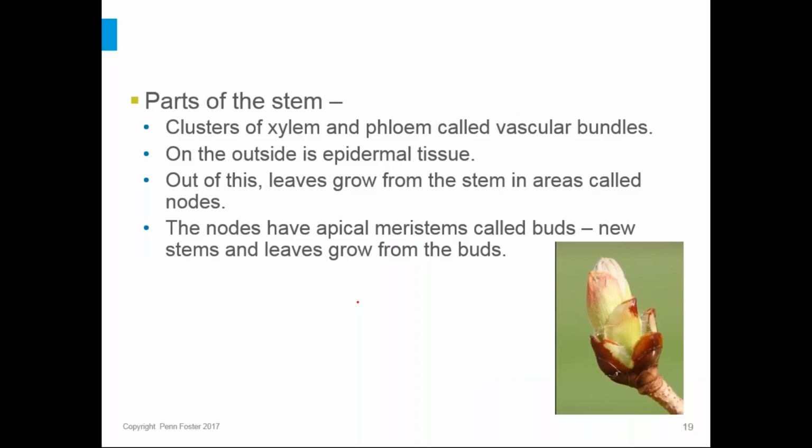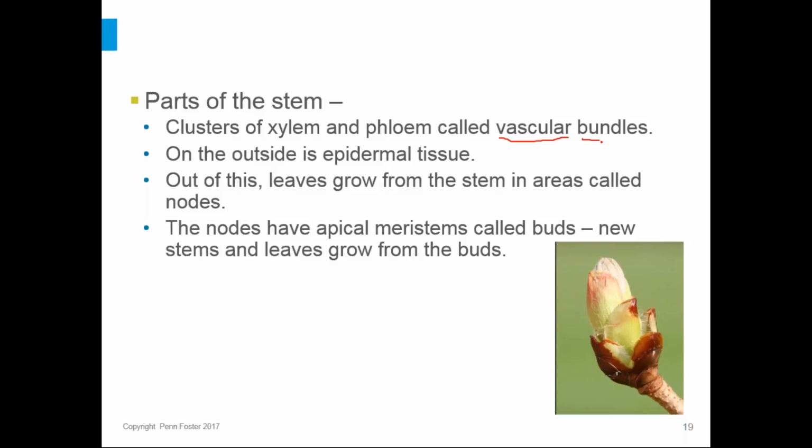So, parts of the stem. Inside are clusters of xylem and phloem. Remember, those are the vascular tissues. The xylem carries water up from the roots, and the phloem carries water and nutrients. So those are all clustered together inside the stem in clusters that we call vascular bundles.